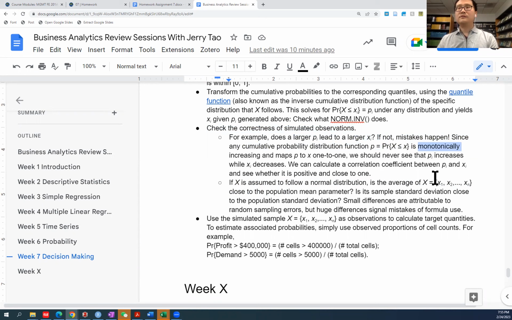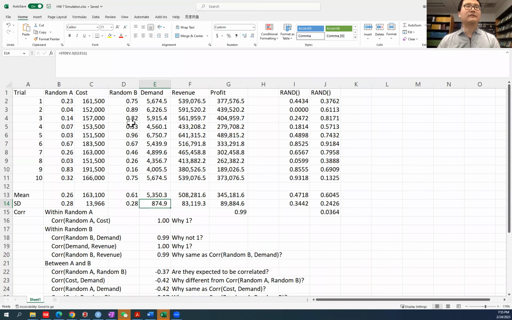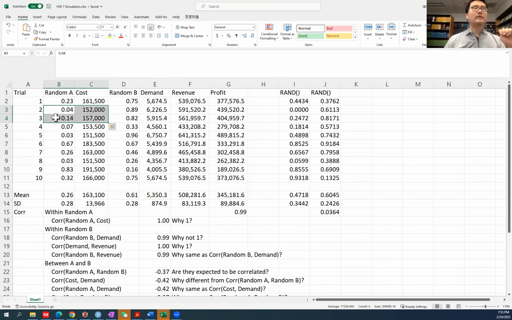So we should always see that x increases while p increases. And let's go back to our case. For example, comparing these two cases, when we move from trial 2 to trial 3, we see that p, the cumulative probability, increases. The same happened to cost, because cost was generated based on p, right? So when this cumulative probability increases, we also see that cost increases.